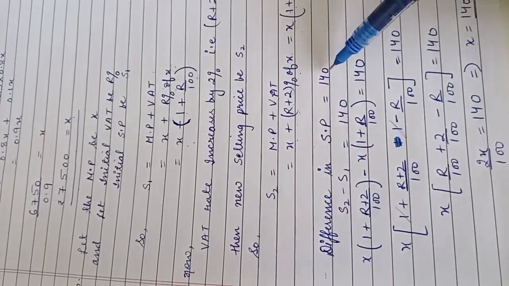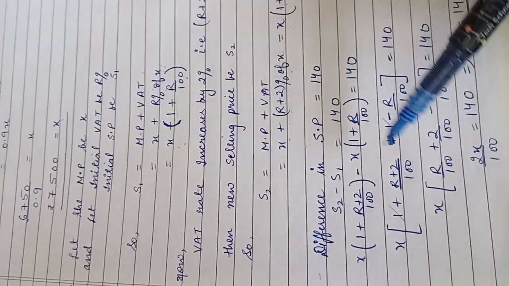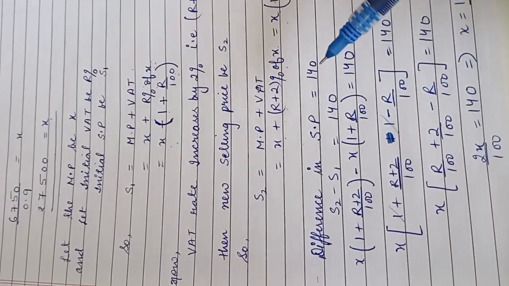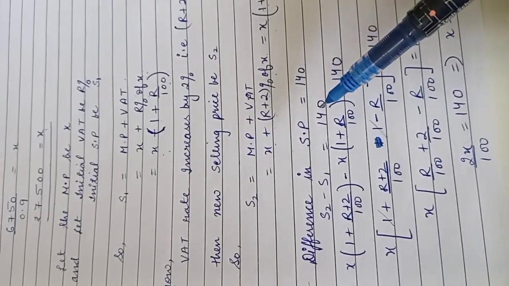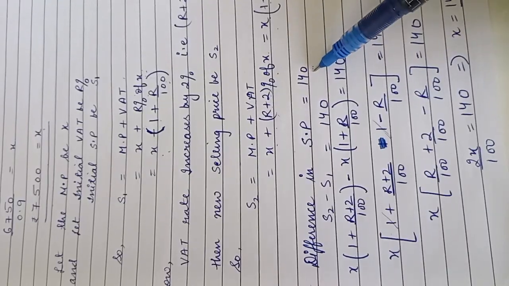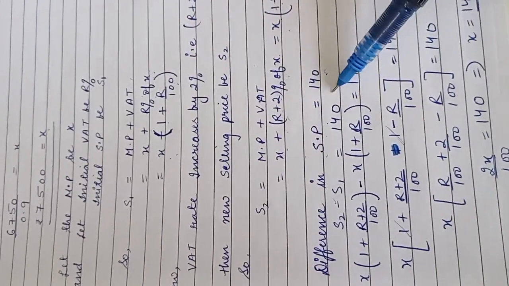Now what they have given is that there is an increment. After this increment in the tax, there is an increment in the selling price also. How much has it increased? By 140 rupees. So the difference in both selling prices will be 140 rupees.